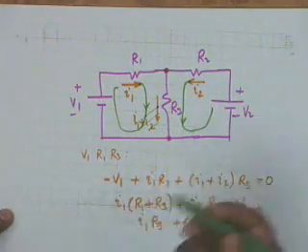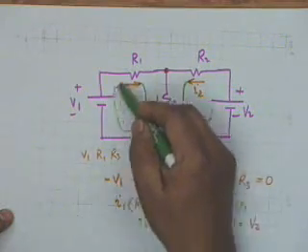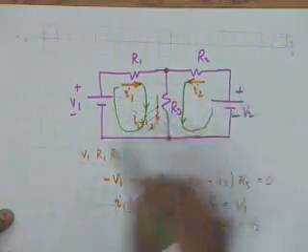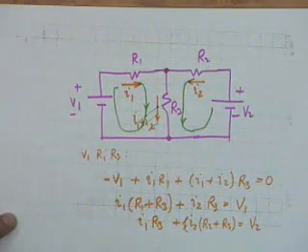Whereas instead of that, one could formulate two loop currents like this, one is I1 and the other is I2. One might ask here, which direction, clockwise or anti-clockwise? This is absolutely arbitrary. There is no set rule, nothing sacred about it. You may set out loop currents in any direction.